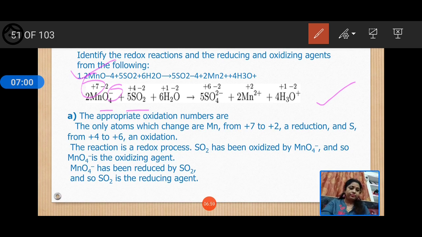For hydrogen, +1. Oxygen, -2. This you have written for the reactant side. Let's proceed to the product side. SO4²⁻. For oxygen, you know -2. For sulfur, we will find it out. 4 twos are 8, and 2 minus.